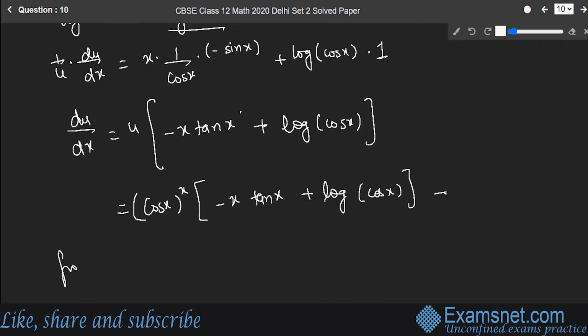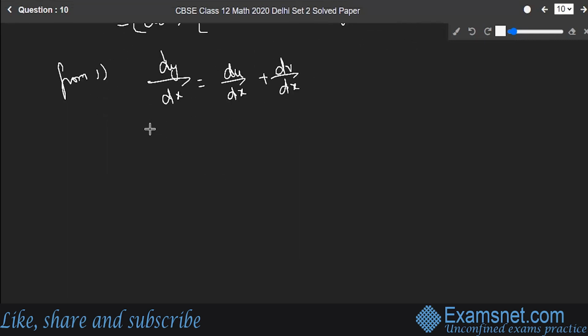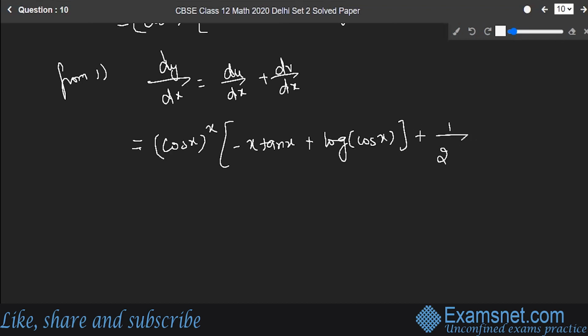From equation 1, we already have dy by dx is equal to du upon dx plus dv upon dx. What was du? It was cos x raised to power x times minus x tan x plus log of cos x, plus 1 by 2 root x into 1 plus x. So this is the answer to the question.